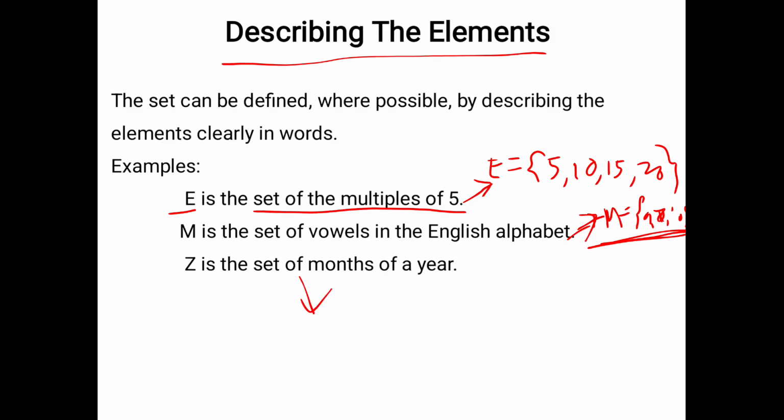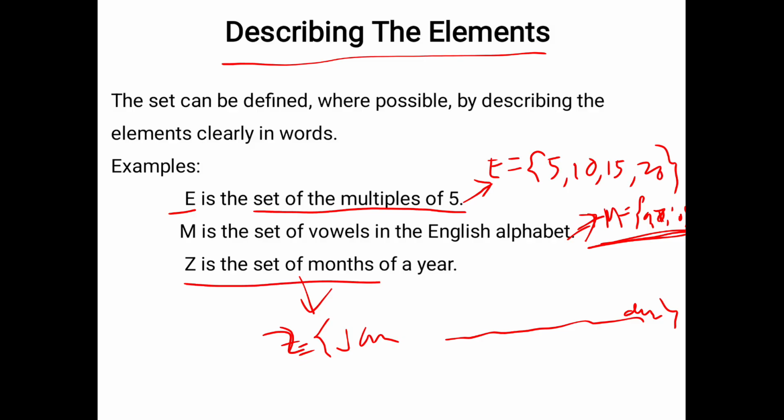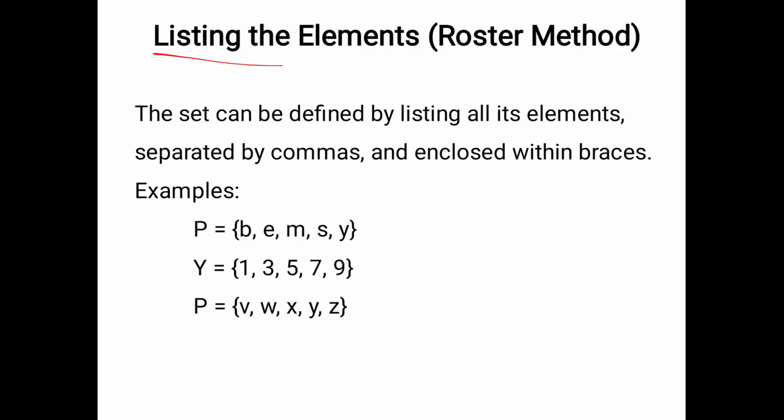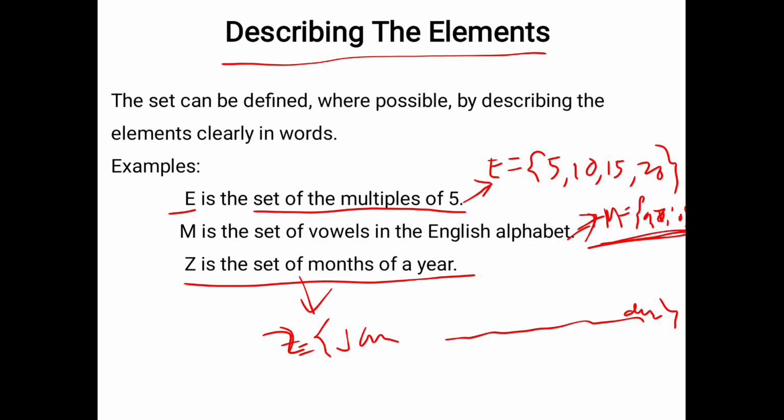And then Z equals January, February, March, April, May, up to December. Based on the given set, it can be described that Z is the set of months of a year. So first, again, we have listing the elements, where you list them. And the next is describing the elements, where based on the given sets you can describe them.